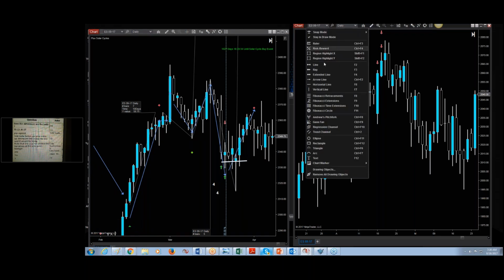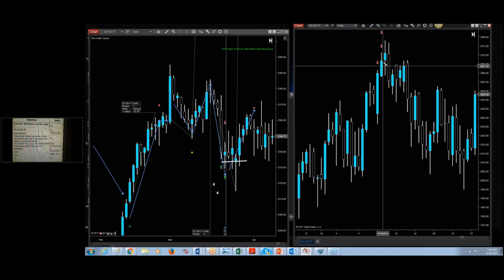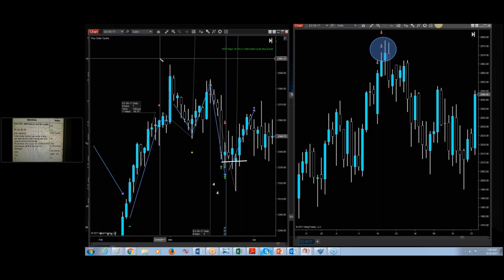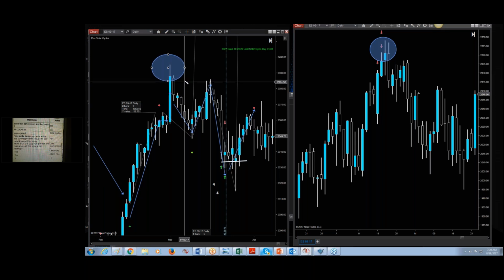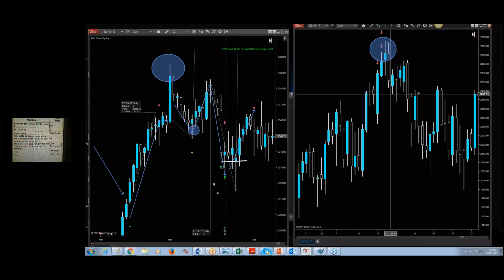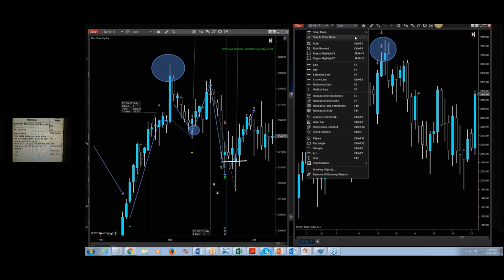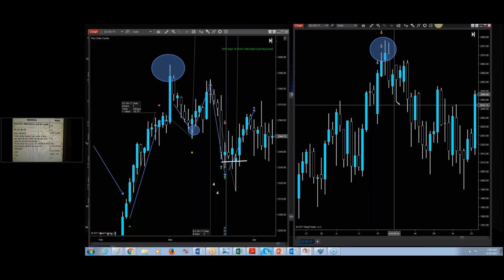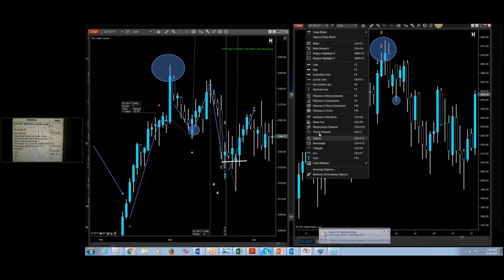Ready? I'm going to take a circle here. I'm going to put it there. And I'm going to take a circle here, and I'm going to put it here. Then Carrie, I'm going to put a little circle here, and a little circle here. JD, you see the double top test right there.